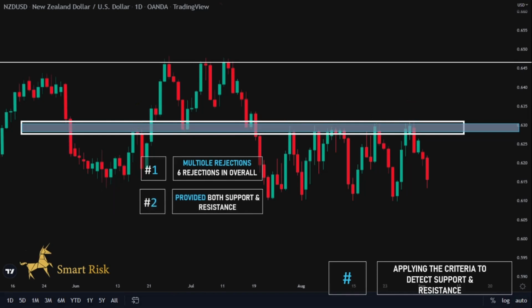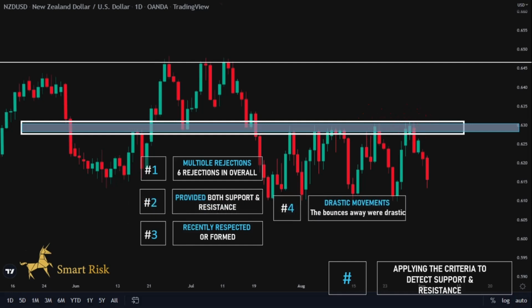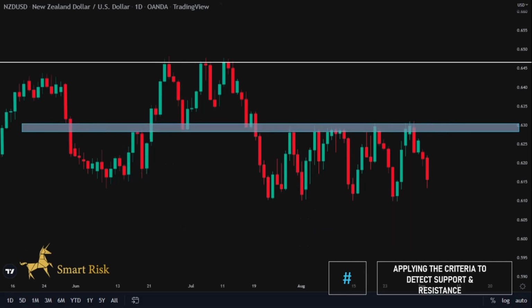This level has provided both support and resistance. 3. The level was recently respected and formed in a recent time period, meaning in the current time period, it is still valid. 4. The drastic movement, meaning price drastically bounced away after this level. And 5. The level is obvious, as you should have seen the reversals very quickly from this level.